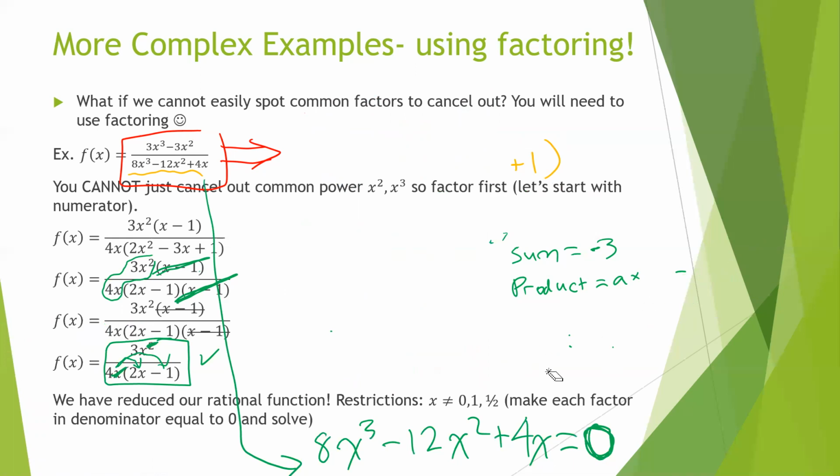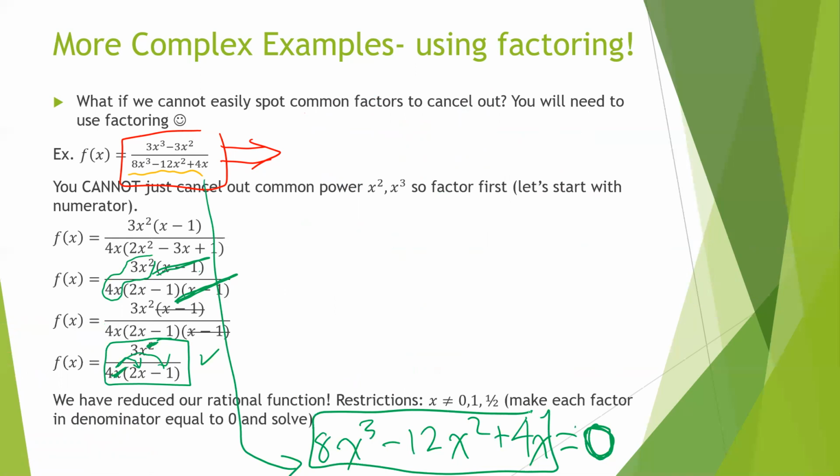So if you look at the parabola, maybe you were asked to find out what the x-intercepts were, the zeros, it's known by different names, the roots, the zeros, x-intercepts. So really what you're doing here is just trying to find out what the x-intercept of this function, the denominator, is. So to do that, you need to factor.